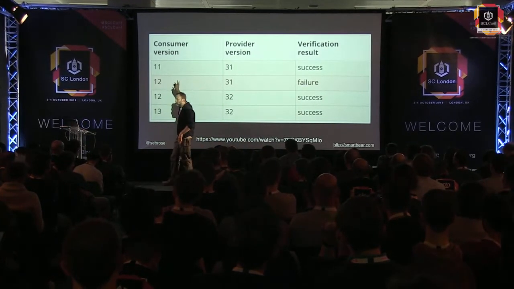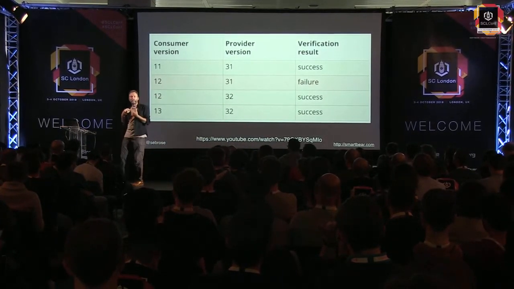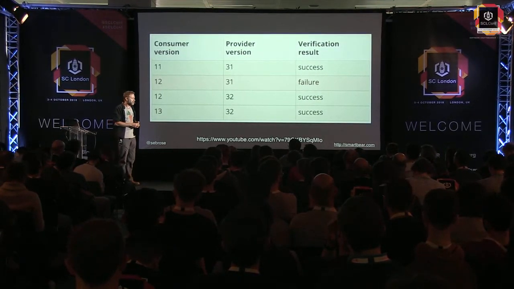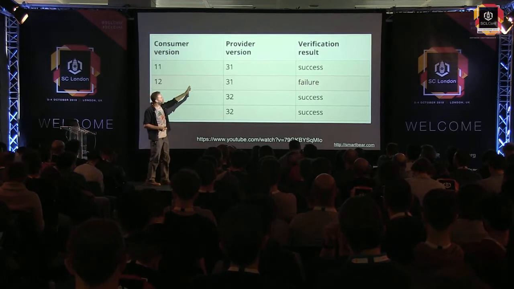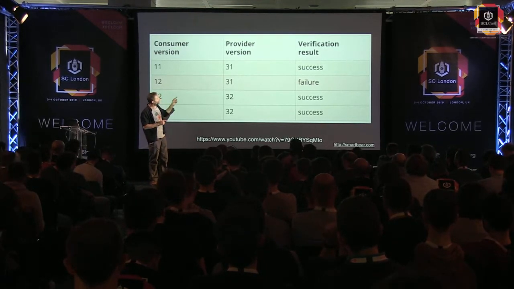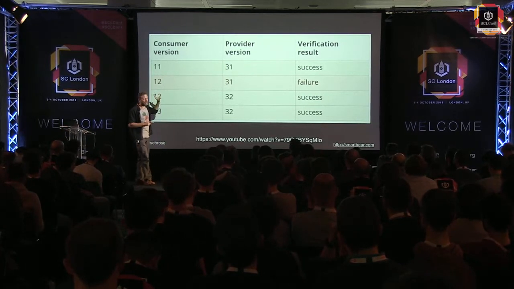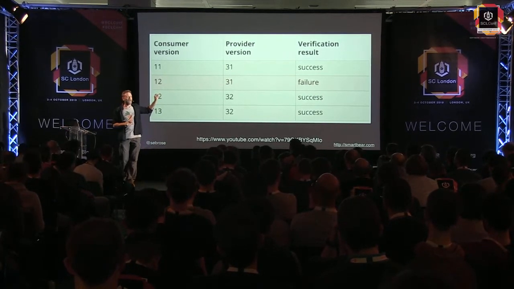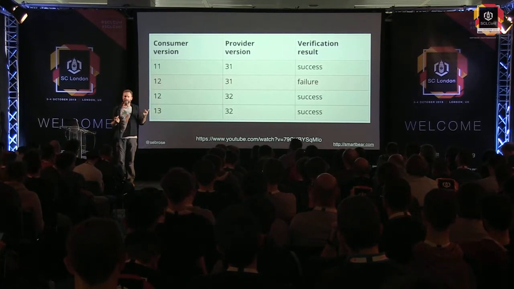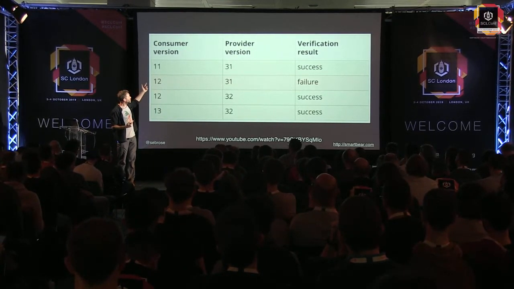The consumer version is what was generated by the check-in that would have generated the JSON file, and then this is the version that it's been tested against. Because it records the version number of each component and the outcome, you only need to run version 11 of the consumer against version 31 of the provider once, and then it caches that value.